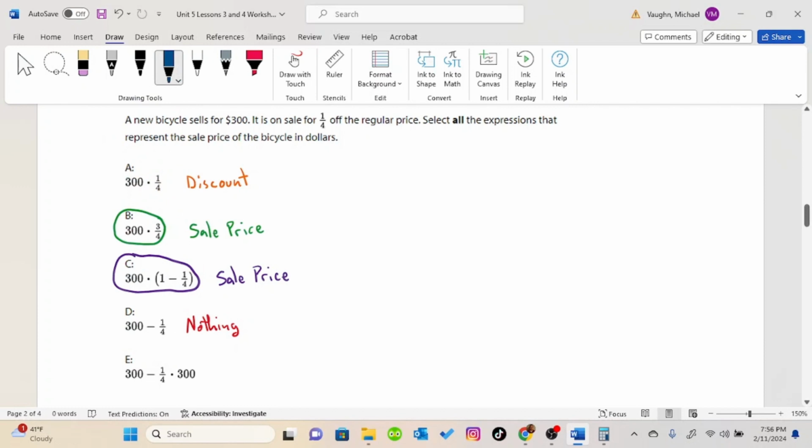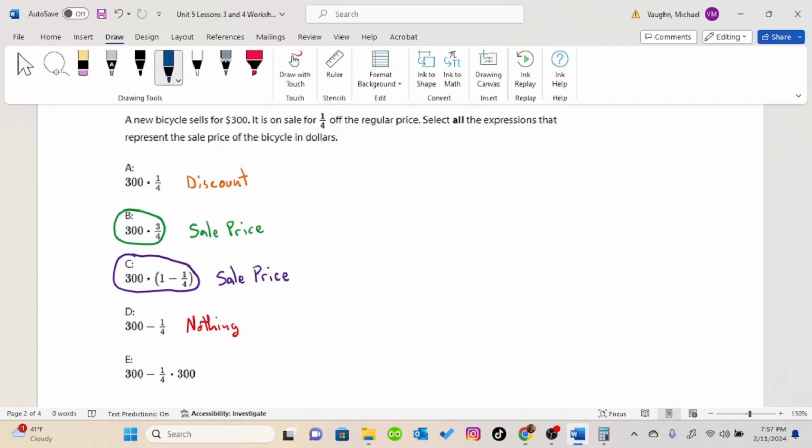And finally, E, we have 300 minus 1/4 times 300. Because of our order of operations, we would do the multiplication first. And we've already shown that 300 times 1/4 is the discount.